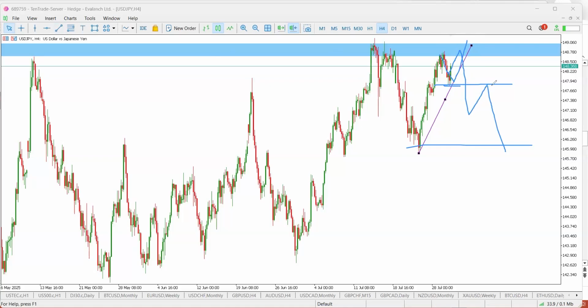Once it breaks and closes on either the 4 or 1 hour time frame, go to your 15 or 5 minutes. You want it to do a retest and then touch your sell limit and then begin to go down. Do you understand? All right. So that is that.